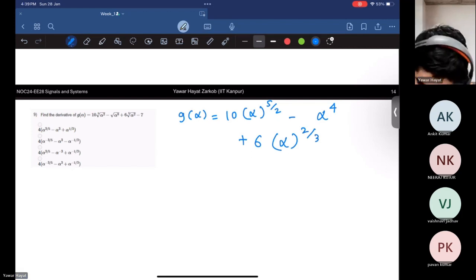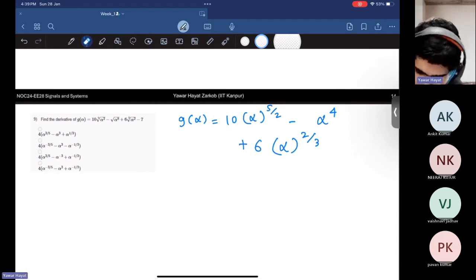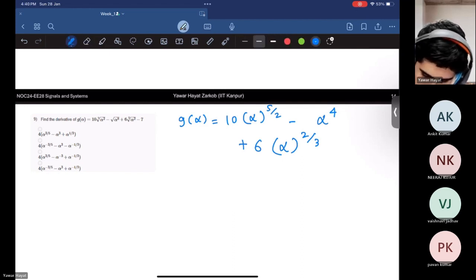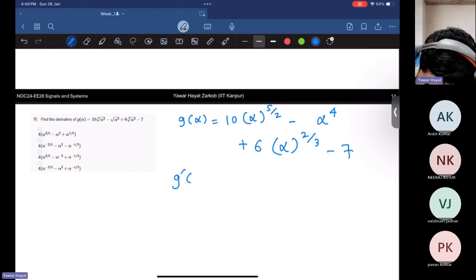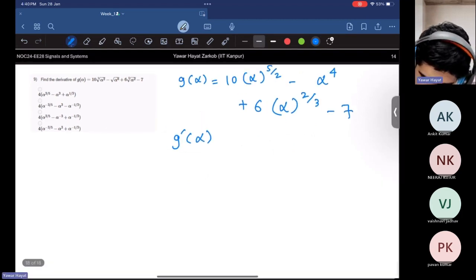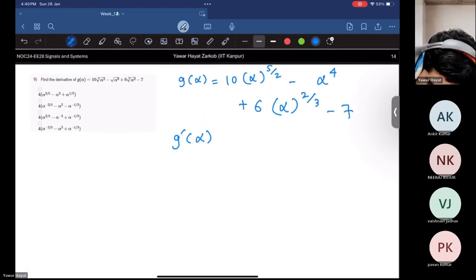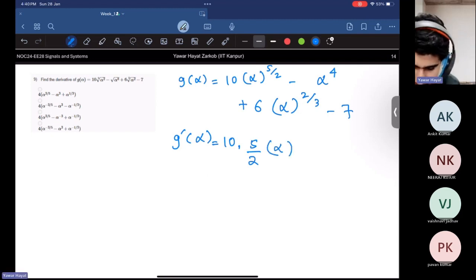Now, the derivative of this function g of alpha is 10 times this 5 by 2 alpha raised to the power 5 by 2 minus 1, right?